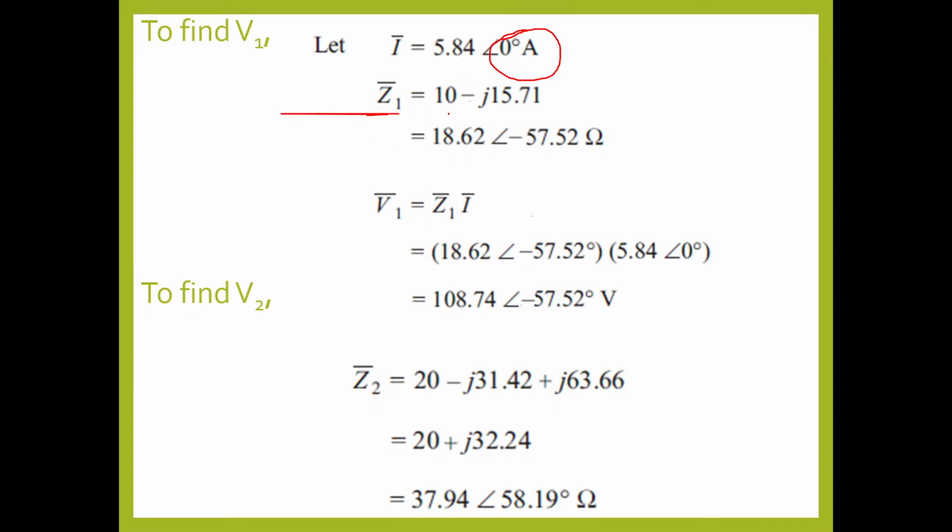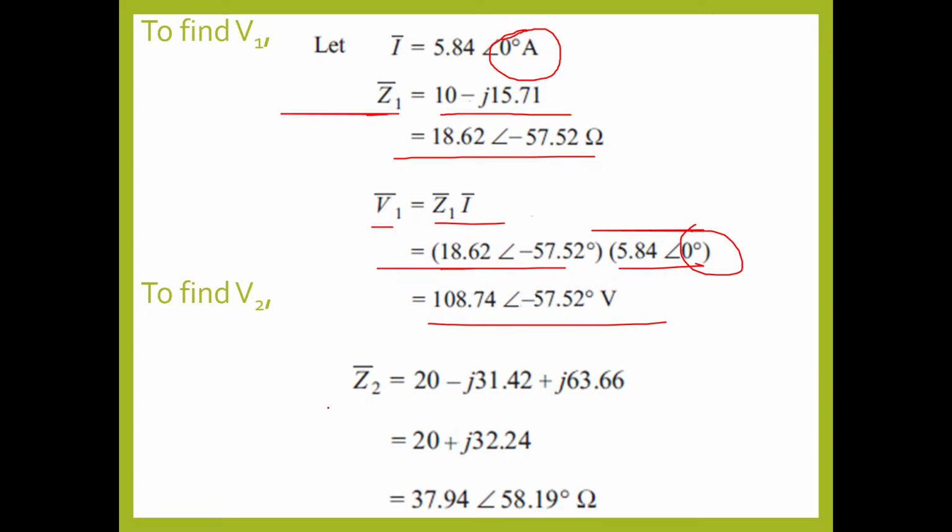Now the impedance is simply 10 minus j15.71. If you convert into polar form, you will get this. Now V1 equals Z1 I1. You just write the Z1 value and the I1 value, with the I1 angle minus 28.85. Simplify it and you will get the answer. Similarly, Z2 is resistance, inductive reactance and capacitive reactance.